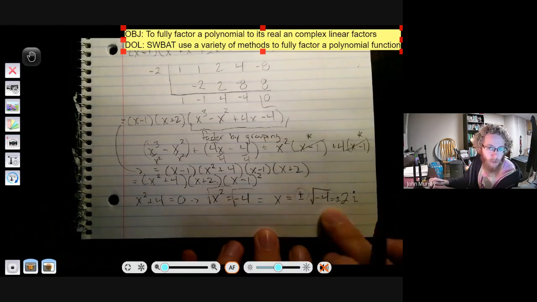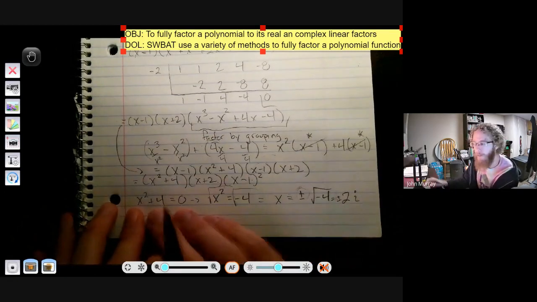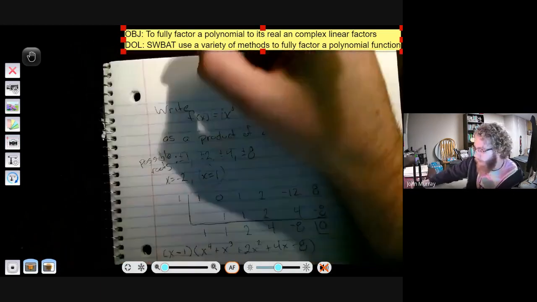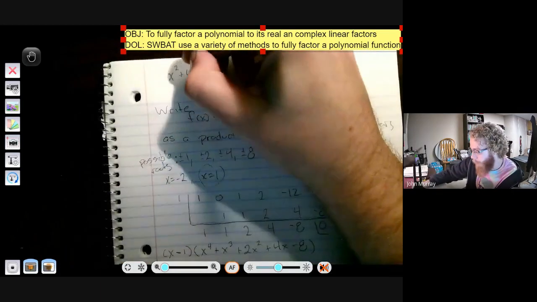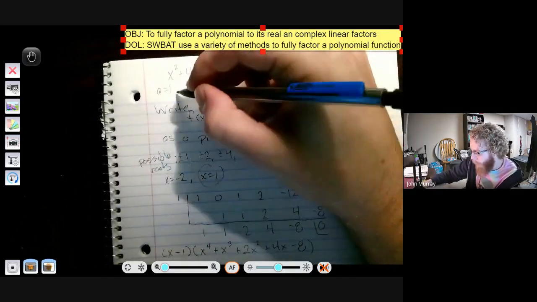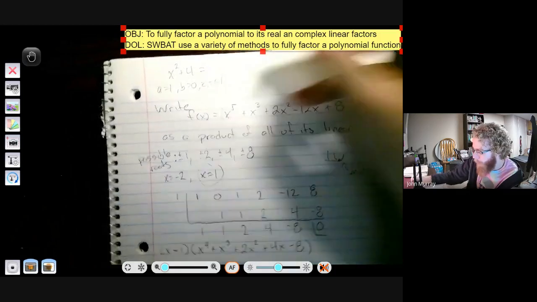Yeah, because I know we've talked about this, but we didn't really practice it. All right. You would get the same thing if you did, I'm going to put it up here real quick. So we have x squared plus 4. So our a is 1, our b is 0, and our c is 4.